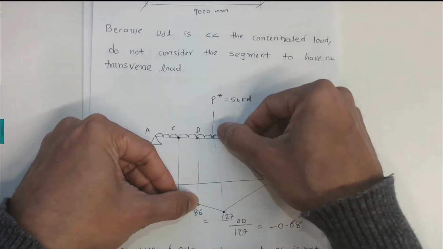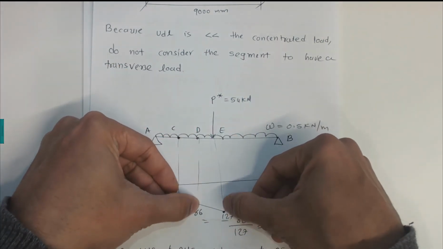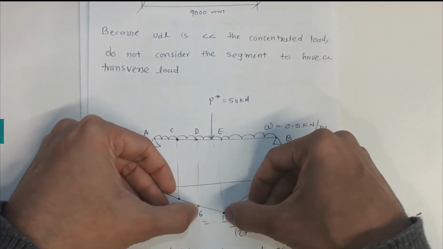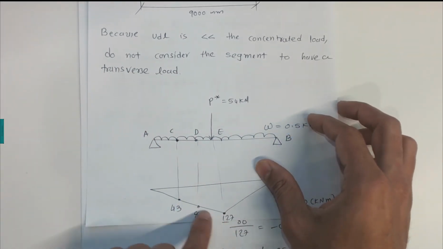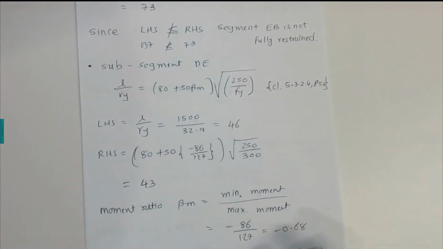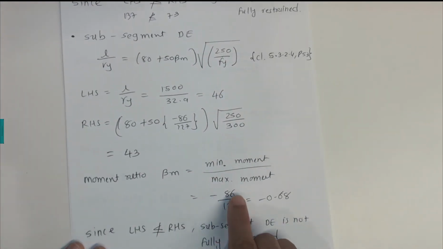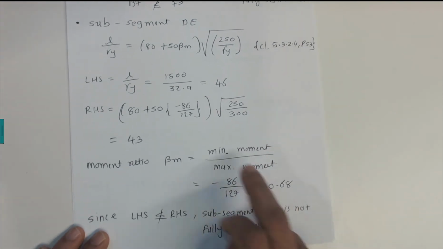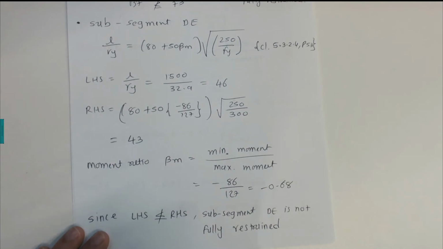Minimum is 86, maximum is 127. So we are looking only at this bending moment diagram for segment DE, and we take this ratio as negative because it has only single curvature. 86 over 127 is equal to minus 0.68. Substituting this value here and simplifying gives 43.